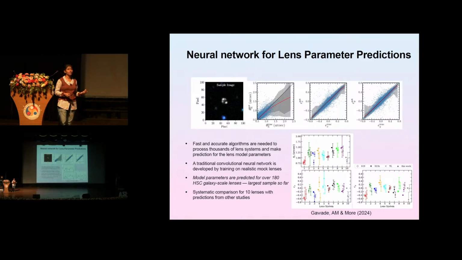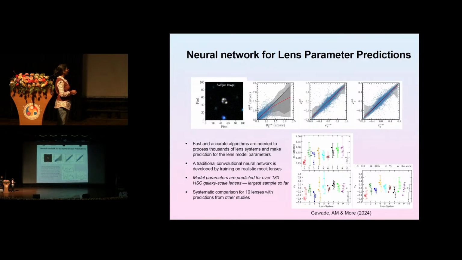To give you a sense of some numbers, the typical mass modeling that used to be done conventionally for individual systems involves conventional MCMC methods, which take several tens of hours for one system. In comparison, methods based on neural networks can do the model parameter predictions in a matter of a few seconds to a few minutes.